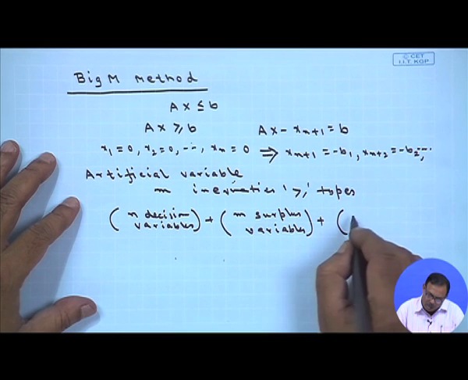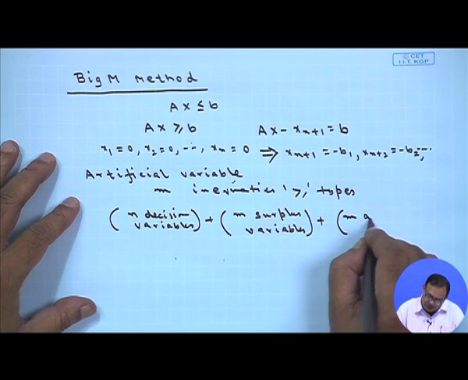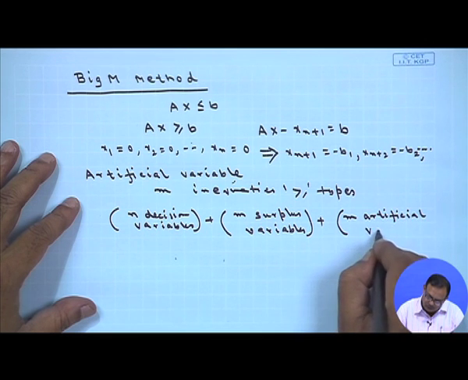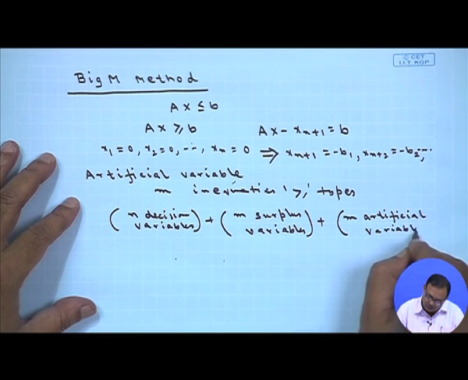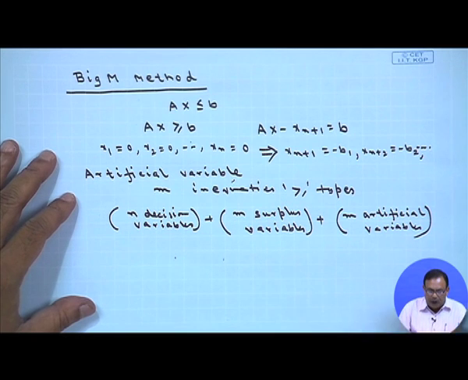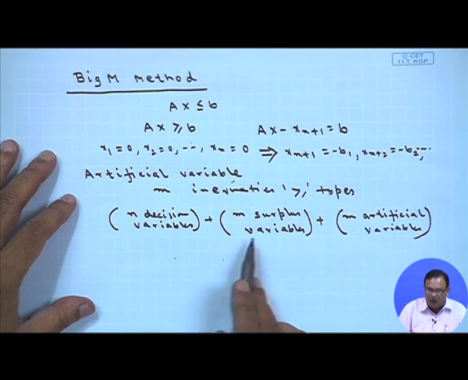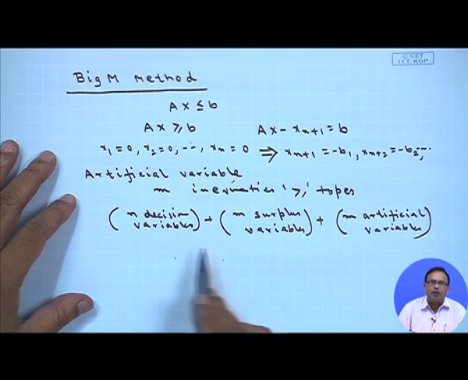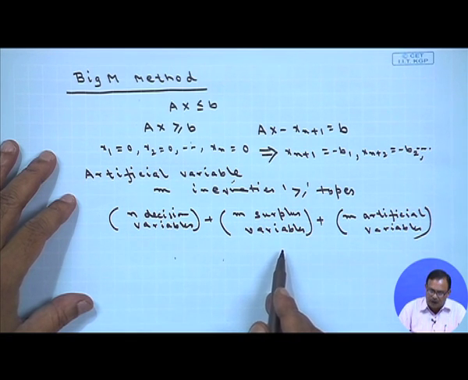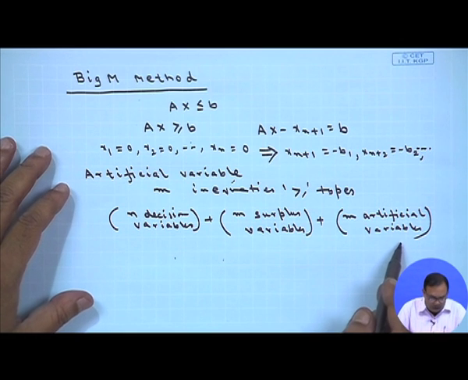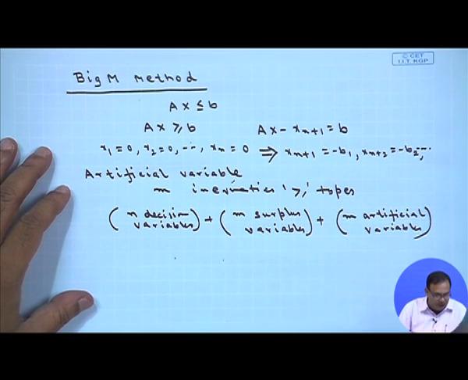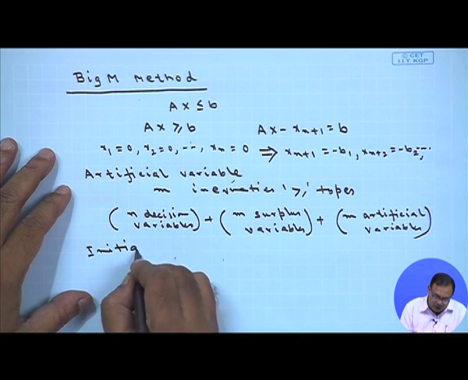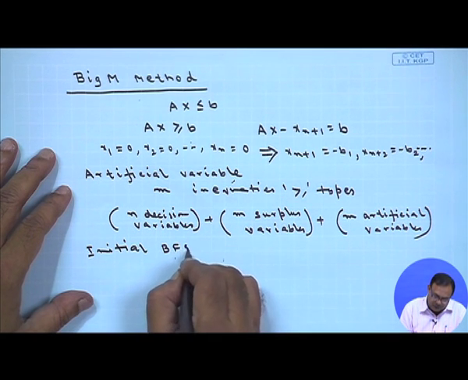So, there will be m artificial variables. So, in total you are having n plus m variables, out of that n decision variables, m surplus variables and m artificial variables. Now, how will you obtain the initial basic feasible solution?